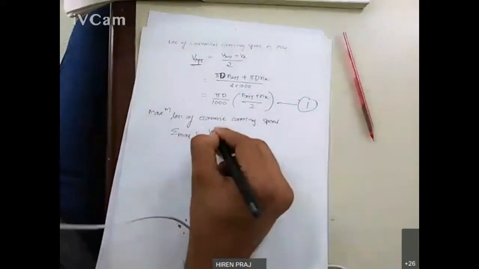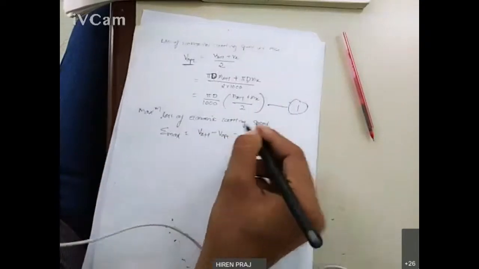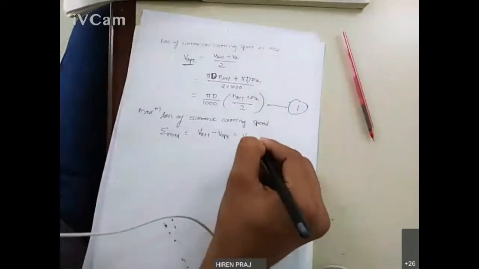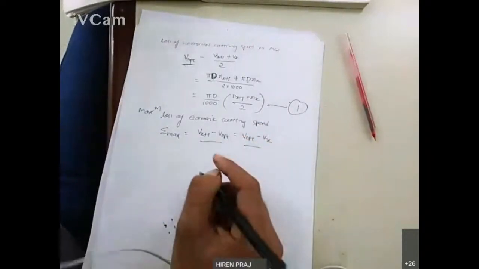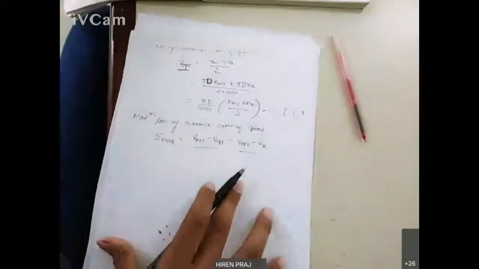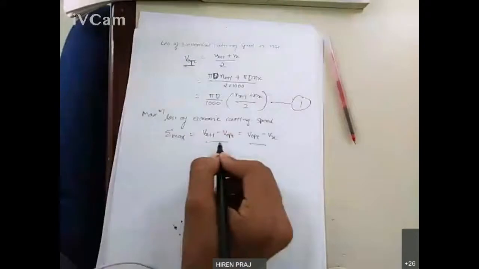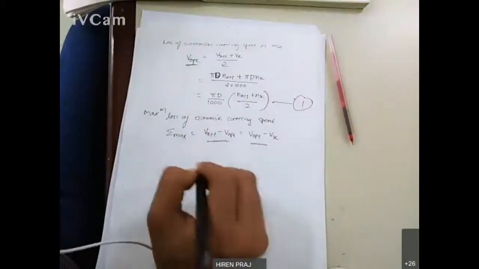Whether you go for Vx plus 1 minus V optimum, or you go for V optimum minus Vx, both will give you the same result because we have considered D as the mean of dx plus 1 and dx. So you can go for any one equation. We are going for this equation, but you can also go for the other one because it's about the maximum condition.